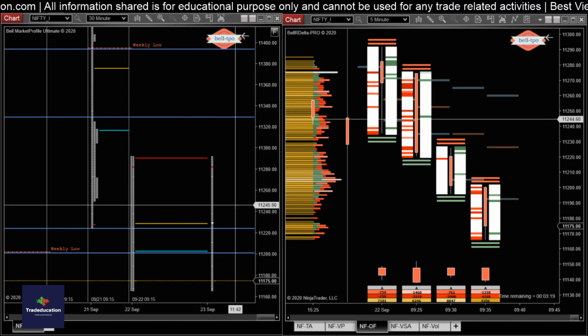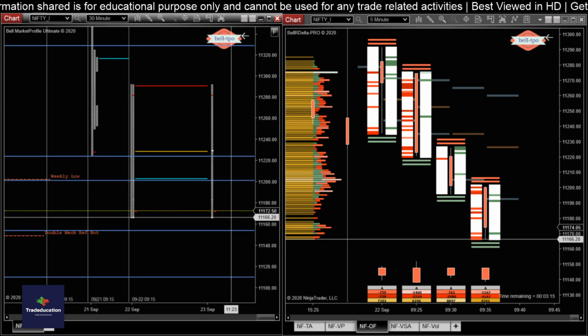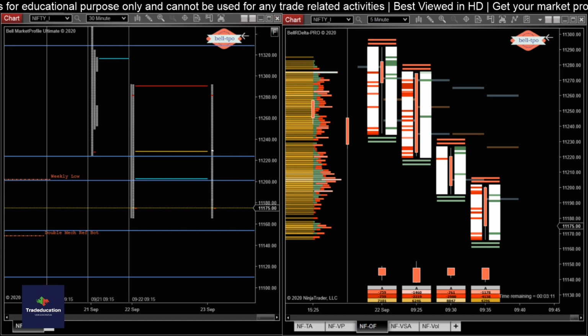Pretty good auction, sharp rejection. This is the second level, so let's see whether this gets tagged or not.